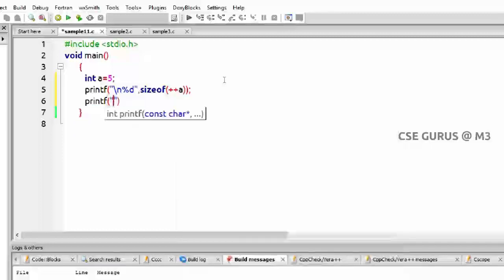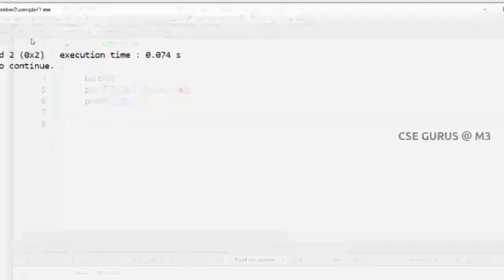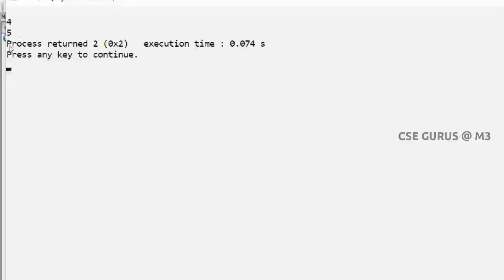Now my question is, what is the value of a? I'm printing sizeof here, and then the value of a. So what will be the output of this program? First it will print 4 bytes, there is no doubt. What about a? Will it print 6 or 5 only? Will it increment here? We need to check. Yeah, 4 and 5, the value of a is not changed.